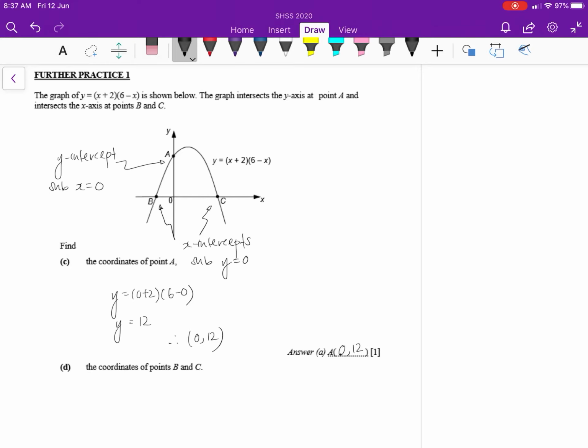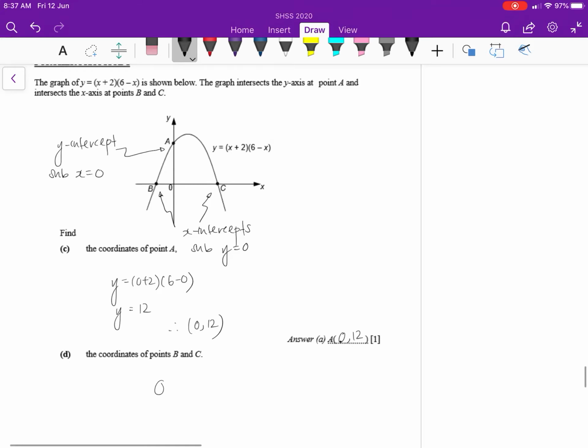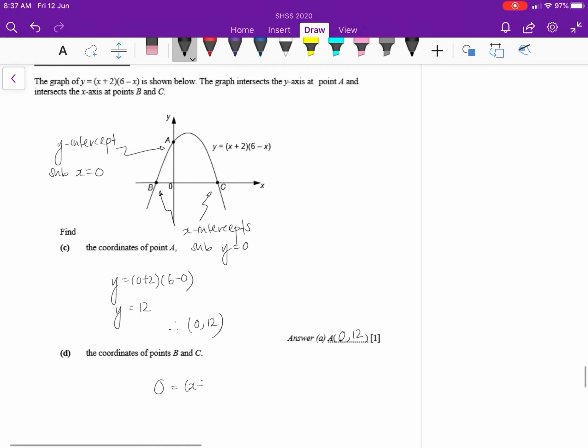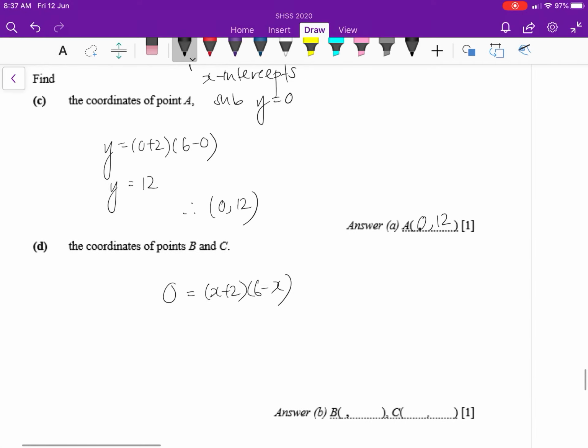The coordinates of B and C, I will substitute y equals 0. 0 equals x plus 2, 6 minus x. This is yellow multiplied by blue gives you 0. So therefore, either the yellow is 0 or the blue is 0.